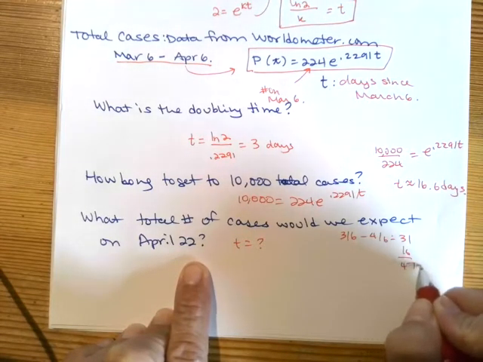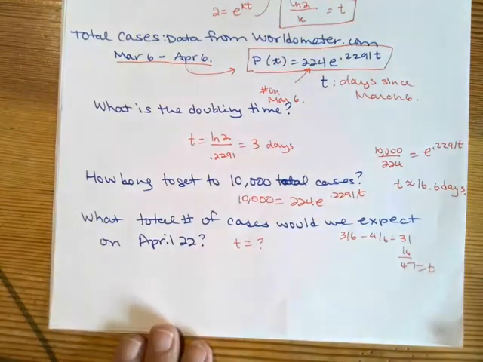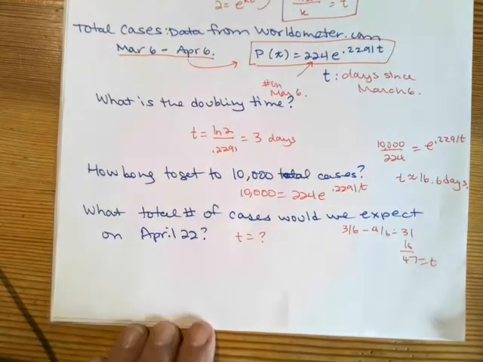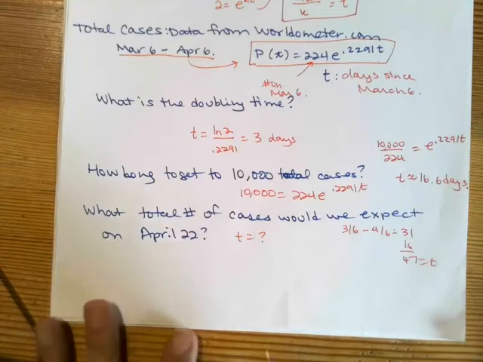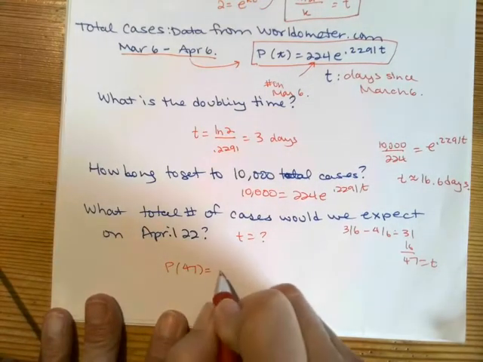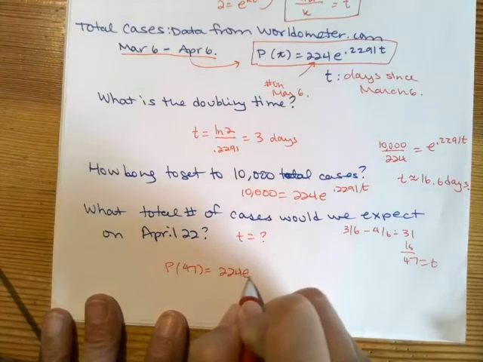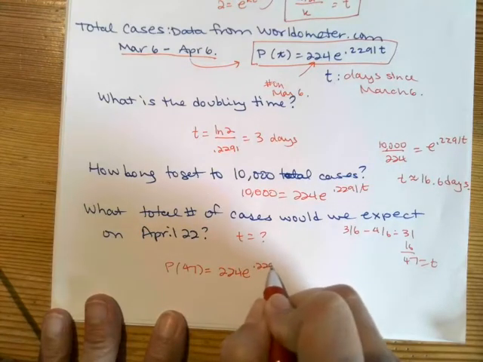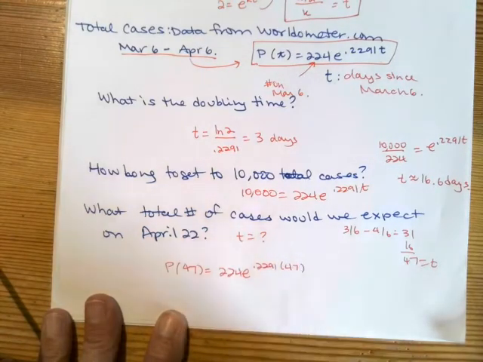So it looks like our time would be 47 days. Well, let's see. So now we're just finding the P of 47. So that's going to be 224 e to the 0.2291 times 47.